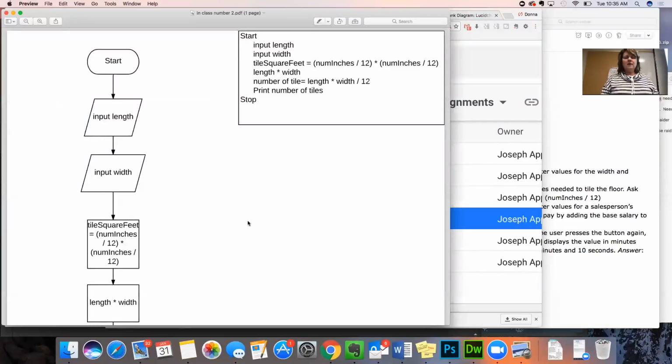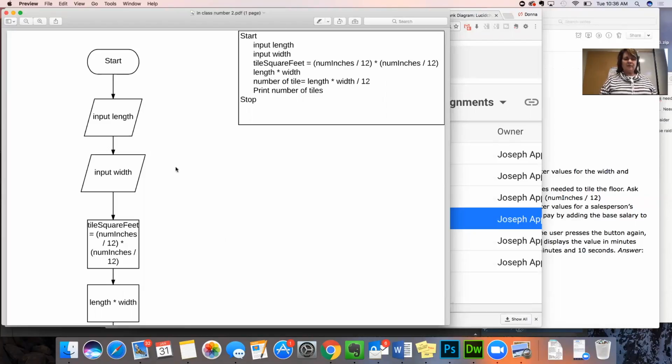Okay, this one was to use the formula of area that was the number 1 problem, and then also calculate how many square tiles it would take to cover that floor area. So you had to also ask for the number of tiles.